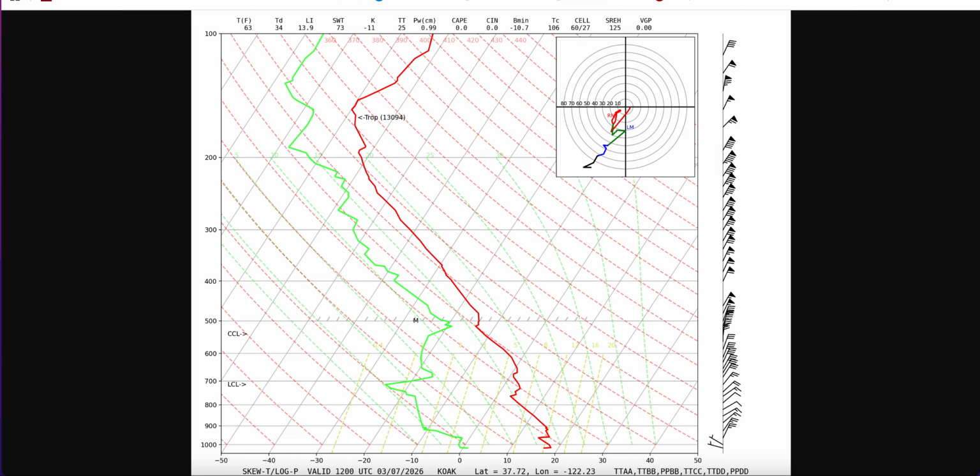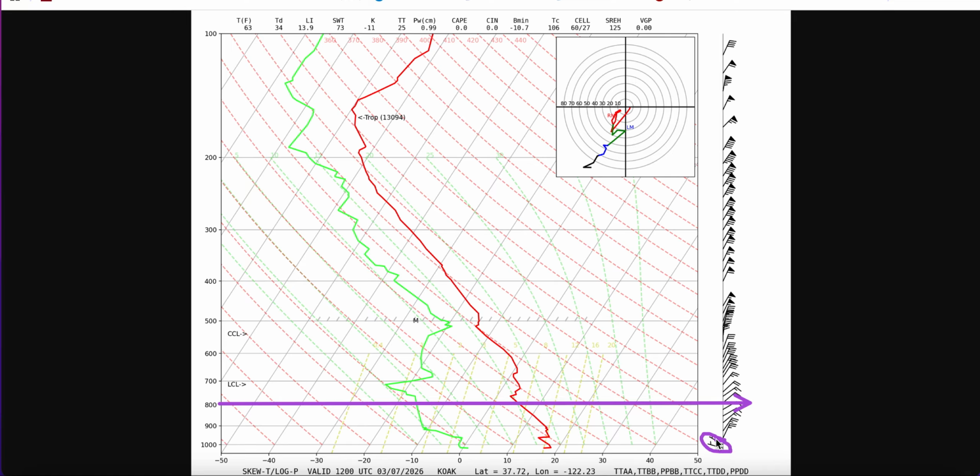Notice how at the very lowest level here, I'll just give you a reference where I'm drawing this arrow. This is about 6,000 to 7,000 feet. Let's call it 6,500 feet up, roughly, just for you to have a reference. And so you're looking at the lowest 2,000 feet of the atmosphere here.